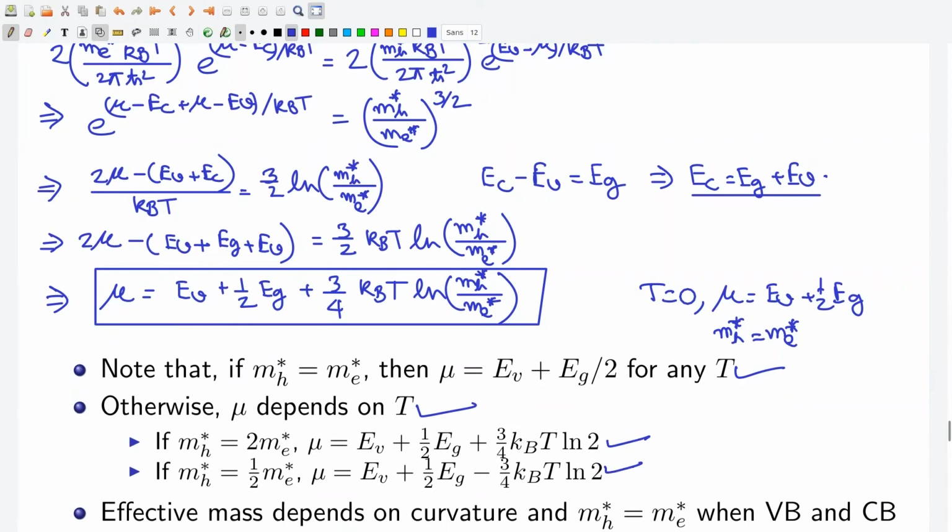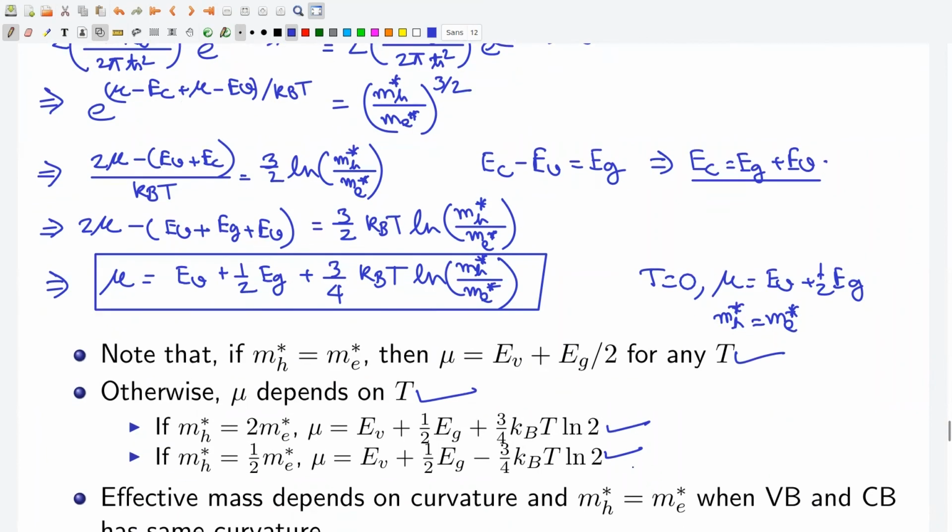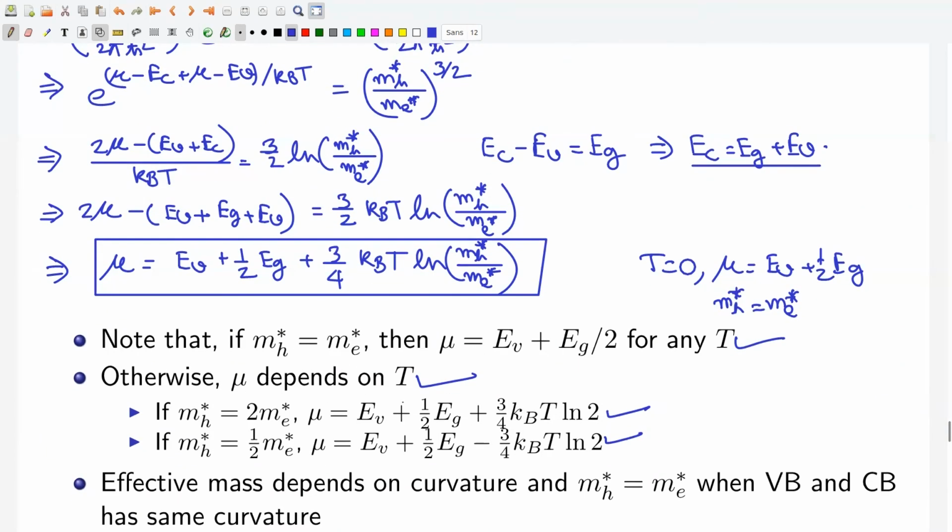Remember that effective mass depends on curvature, and the electron and hole effective mass will be equal only when the valence band and conduction band have the same curvature.